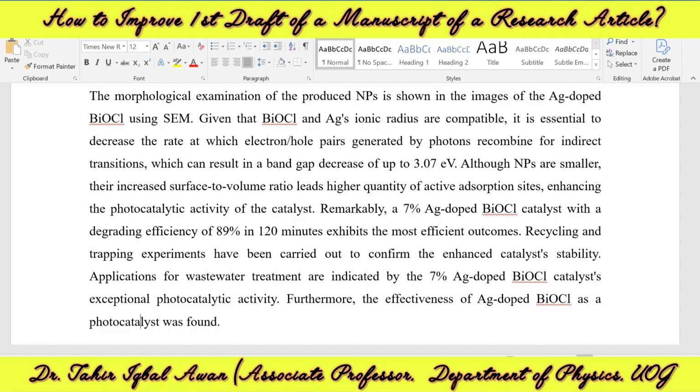Now there must be some interpretation of why it's the best. Maybe the band gap played a role, maybe good focusing of the light contributed to the best efficiency, or maybe there is some interband transition. What is the actual phenomenon happening for the best results? That should be given over here, right?